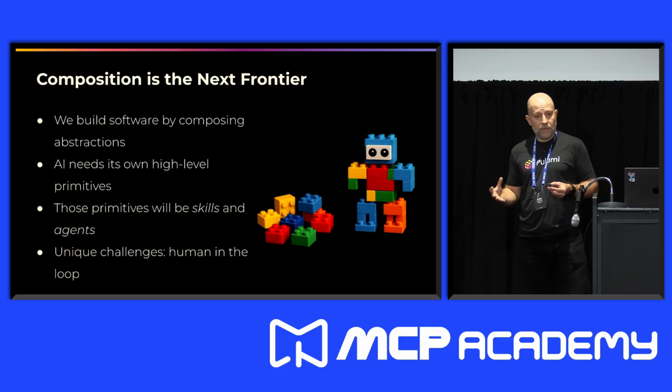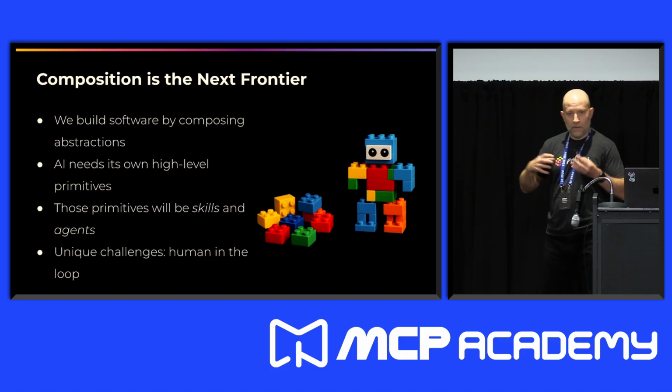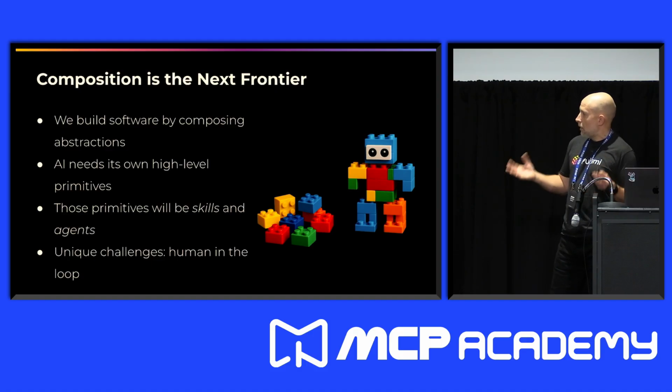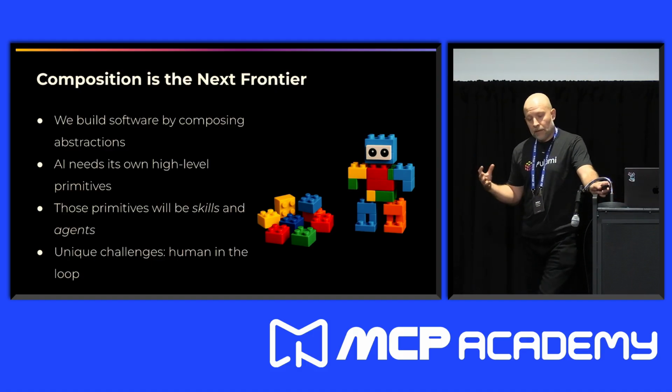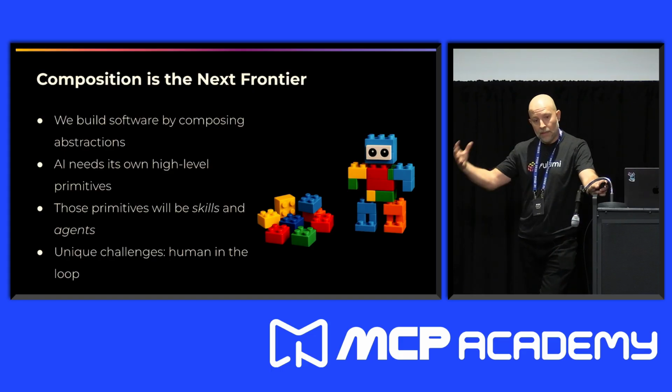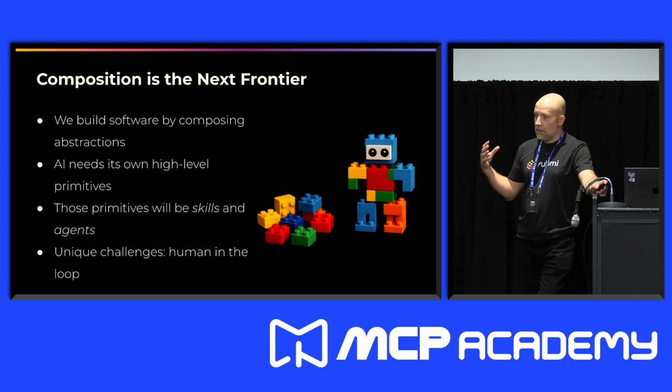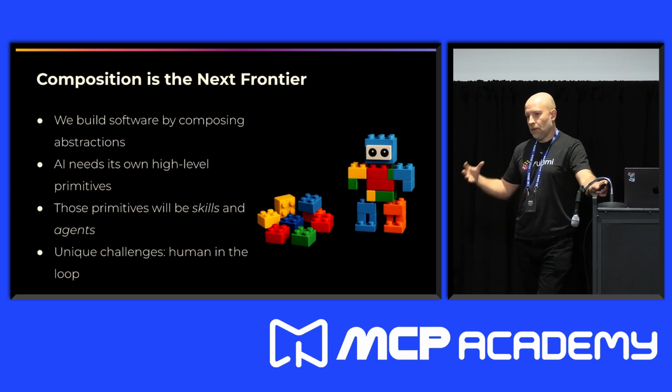The units of composition, those big Lego blocks that we want to use to compose our AI software, are going to be skills and agents. You really want to delegate your task to a sub-agent that is able to independently, within its own context, solve the problem, come up with a result, and give you back that result, right, without polluting your context. Potentially using its own specialized LLM if necessary, but not necessarily.